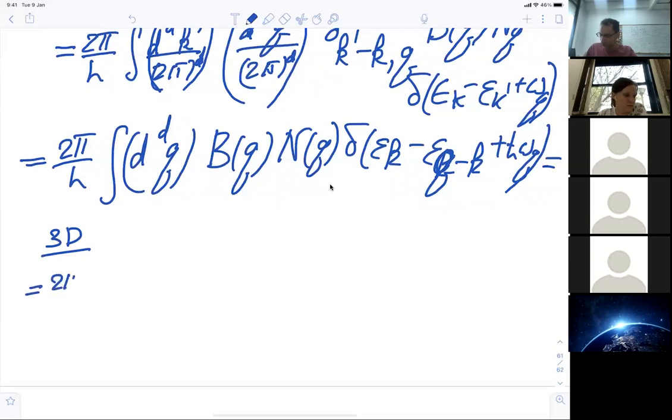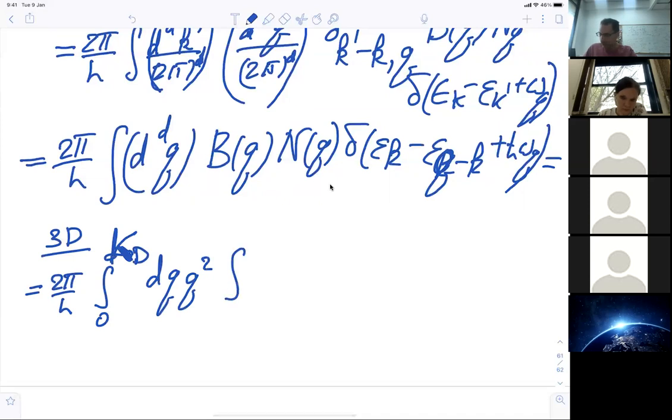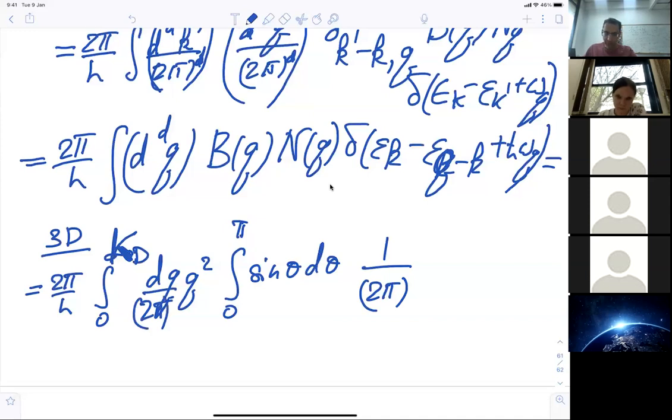It will be 2 pi over h bar, integral from 0 to kD of dq times q squared, integral from 0 to pi of sine theta d theta divided by 2 pi, and the integral over d phi divided by 2 pi from 0 to 2 pi.